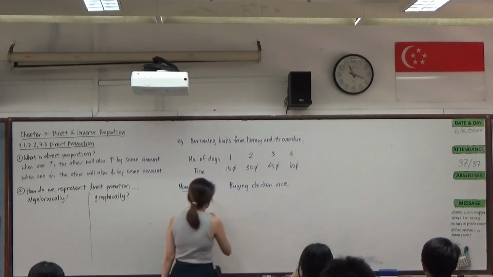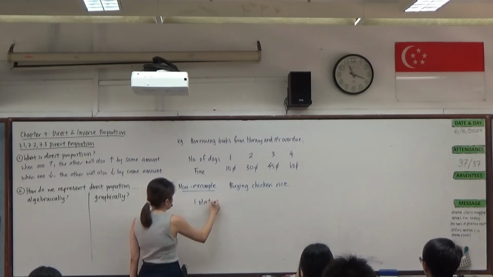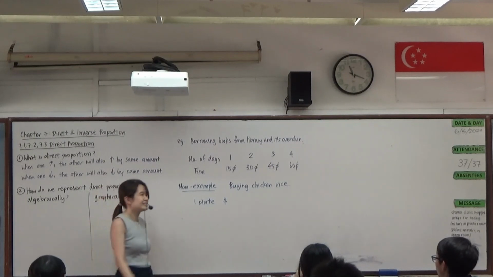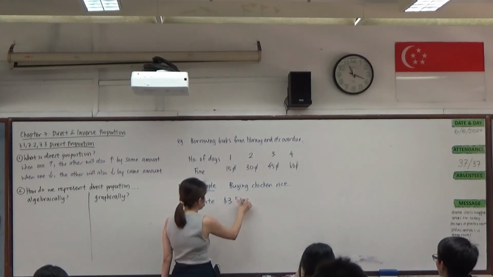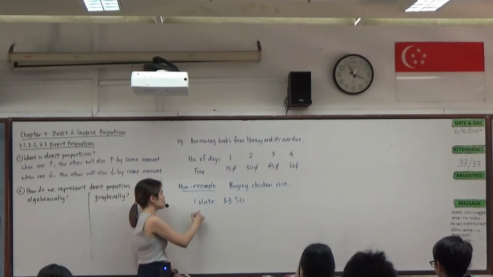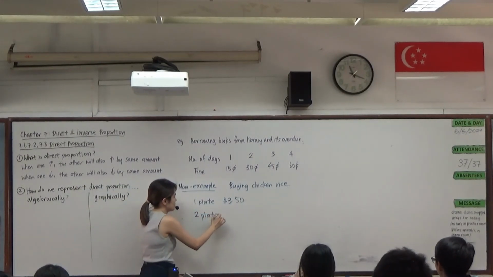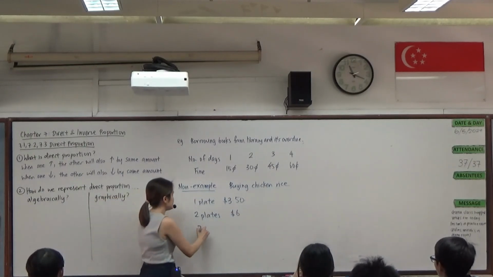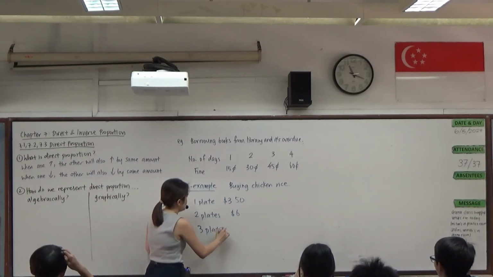They tell you that one plate is maybe, how much is chicken rice nowadays? $3.50. Then they tell you 2 plates is maybe $6. 3 plates maybe $8.